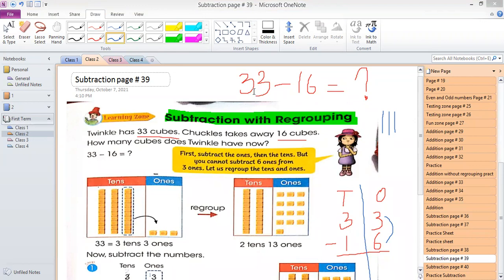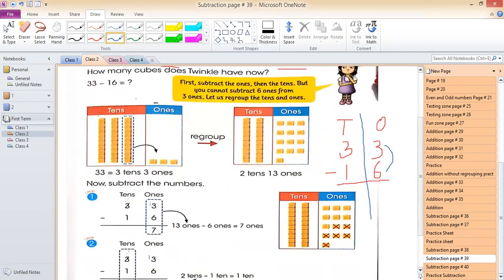So guys, because you cannot take out 6 from 3, now you will go to the tens and you will ask for 1. Look, in 33, there are 3 tens and 3 ones. Because from 3 ones you cannot minus 6 ones, and you also know that 1 ten is equal to 10 ones.